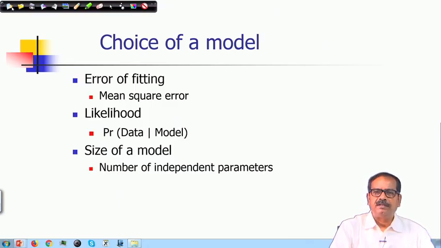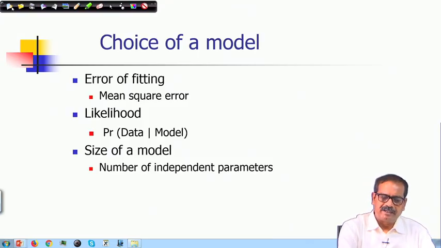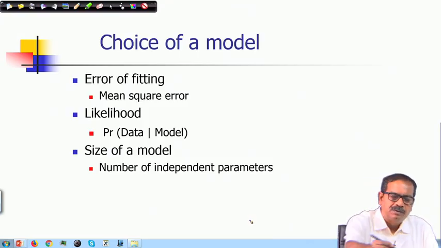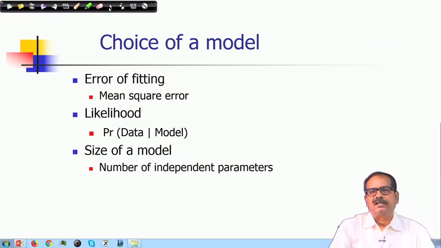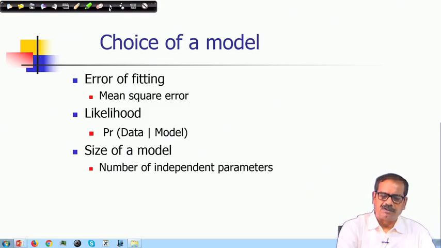The structures were very precisely defined, their properties were also well known to us, and applying them we have derived them, but in some situations you may not get that. Then you have to apply intuitive or intelligent guesses about this kind of structure, and then observe the error of fitting or likelihood of data based on that model, and decide whether you should accept that model or not.